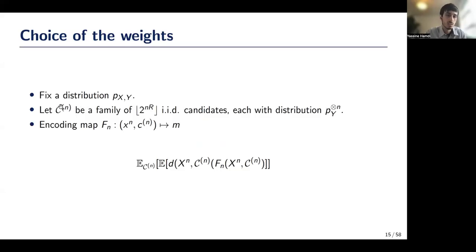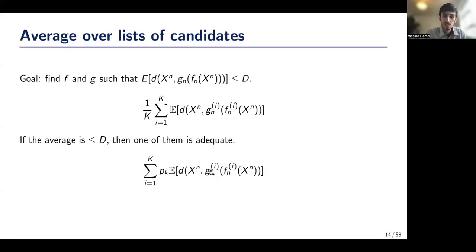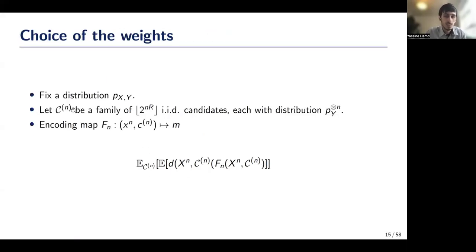So it's going to be a random variable that will have some distribution. It can take value gn1 with probability p1. It can take value gn2 with probability p2, etc. So let Cn be this set of 2 to the nR candidates. As I said, this is all the possibilities for what the decoder can produce.